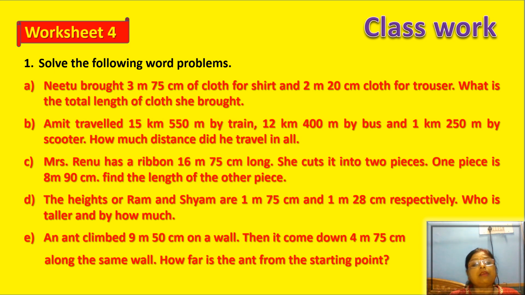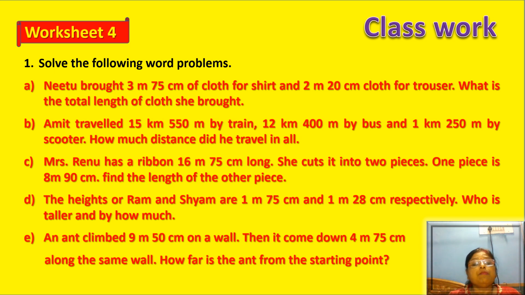Next, Amit traveled 15 kilometer 550 meter by train and 12 kilometer 400 meter by bus and 1 kilometer 250 meter by scooter. How much distance did he travel in all? You have to find the total distance traveled by Amit. So you have to add, then you will get the total distance.